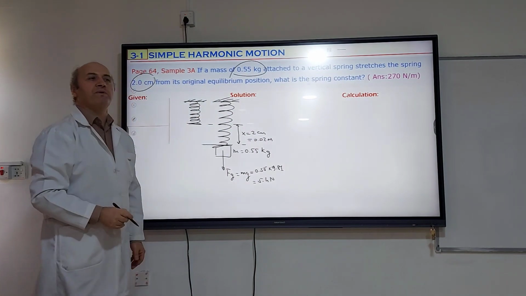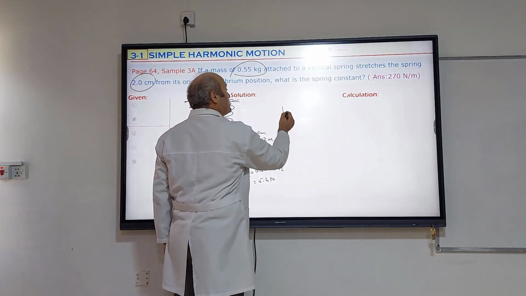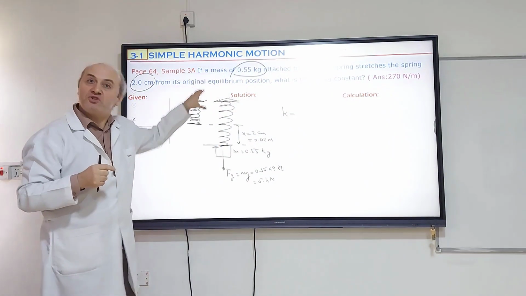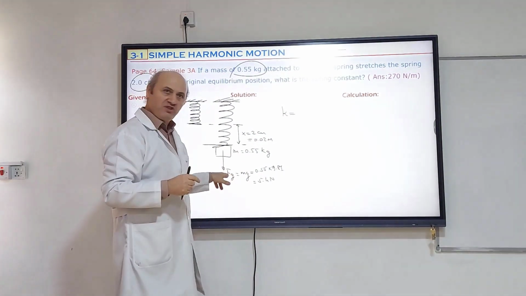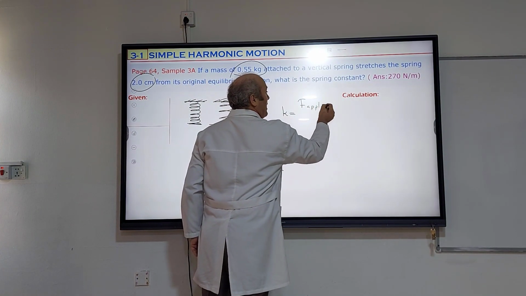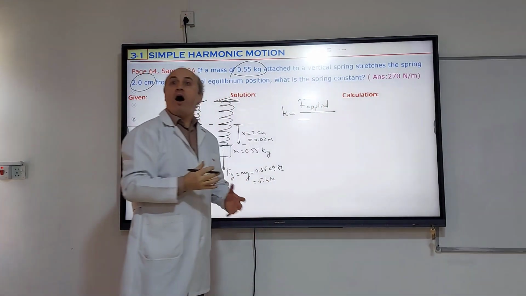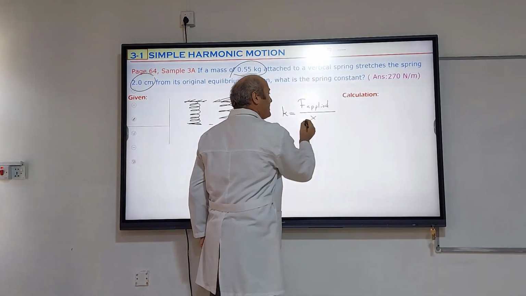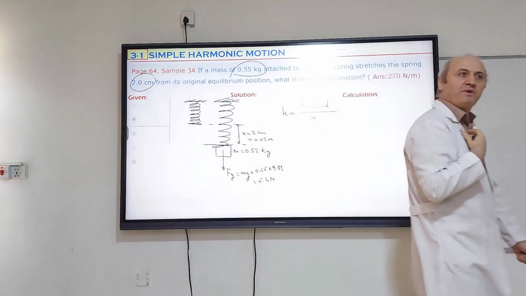Now we calculate the spring constant. We know that k is equal to the force applied on the spring to stretch it, which is Fg in here. Yani, F applied, let me write the equation first: applied force divided by how much this applied force stretches the spring, which is x, will give us the spring constant.